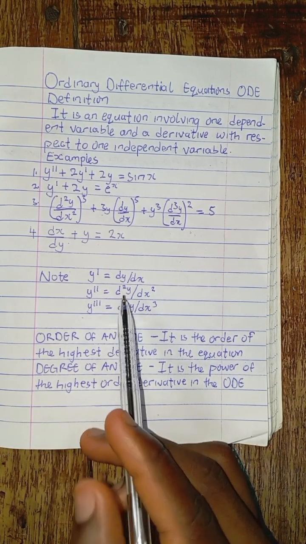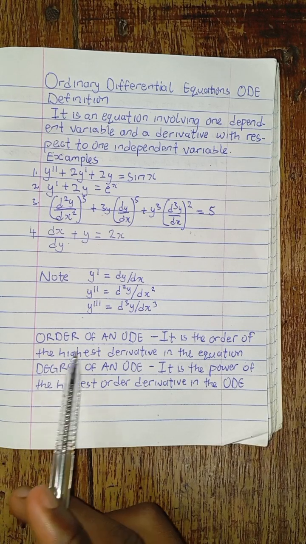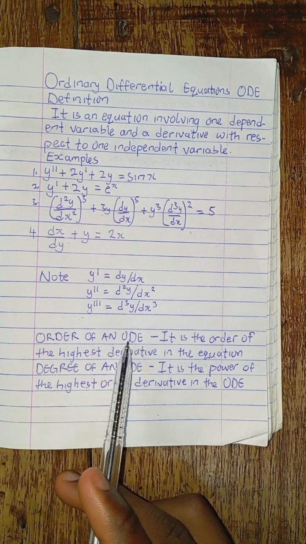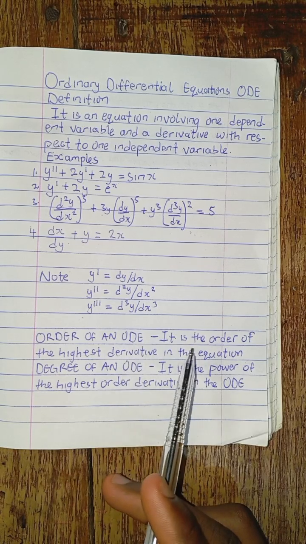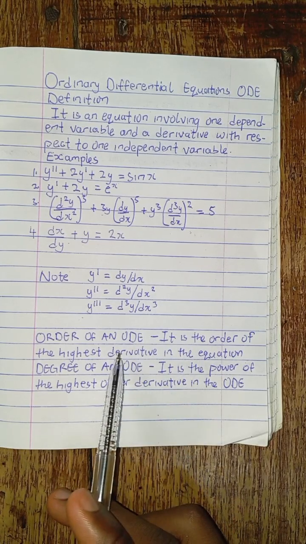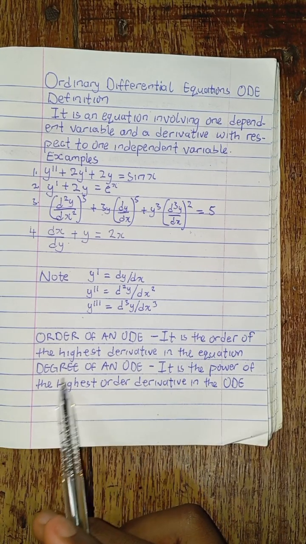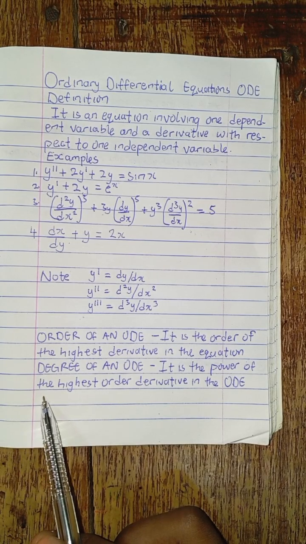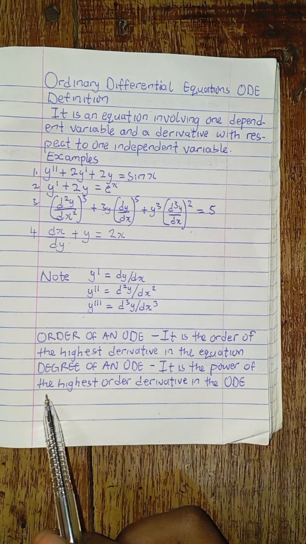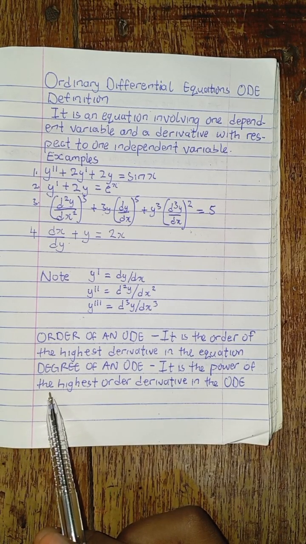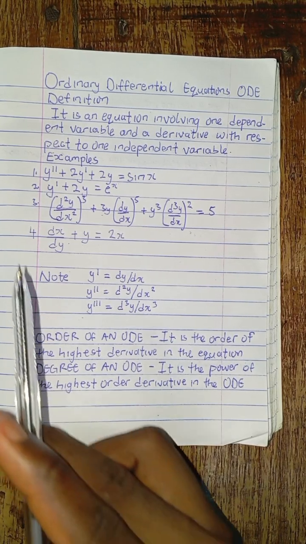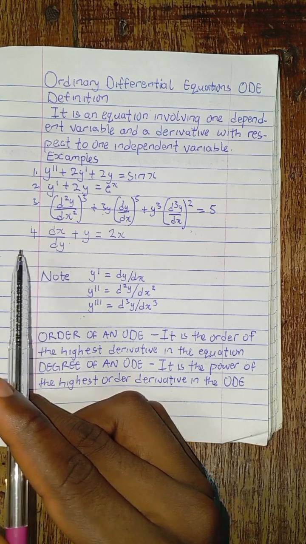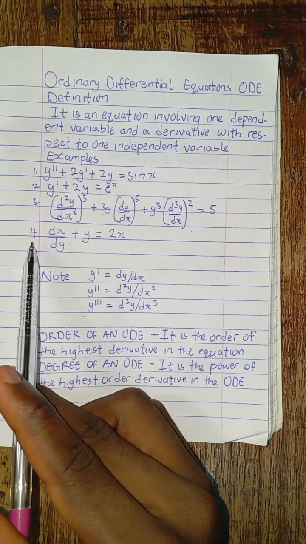So let's move on. Order of an ODE. ODE is the short form for ordinary differential equation. The order of an ODE is the order of the highest derivative in the equation. Going over to our example above, let me begin with example 4.